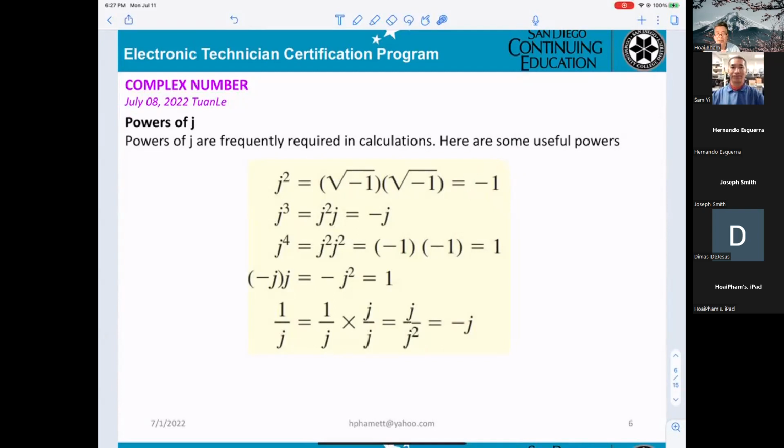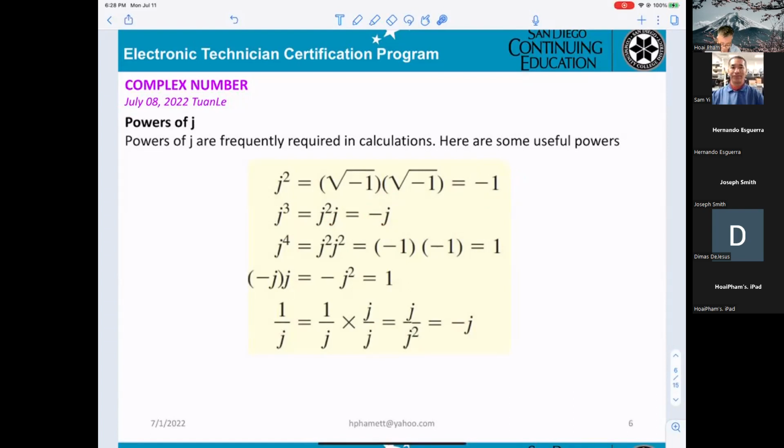J cubed means J squared times J. J squared is minus 1, times J. J equals the square root of minus 1. So J cubed equals minus 1 times J, which is minus J.